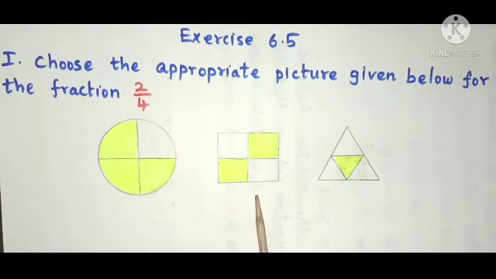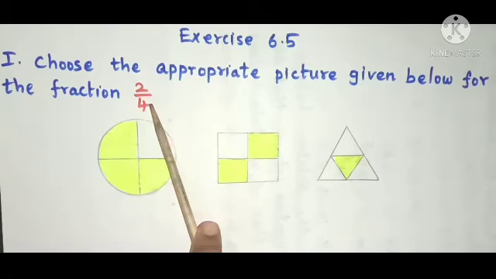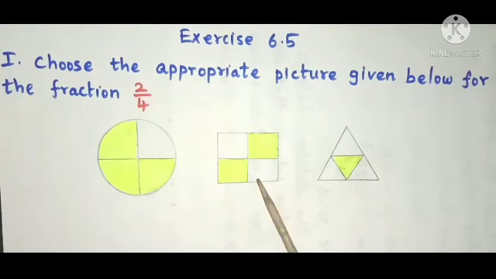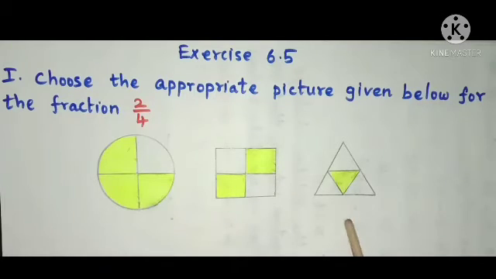So, come to the next figure. It is a square, and here, what is the fraction of shaded portion? 2/4. Yes, this figure represents 2/4. Here, what about the shape triangle? The shaded portion here is 1 out of 4 parts.